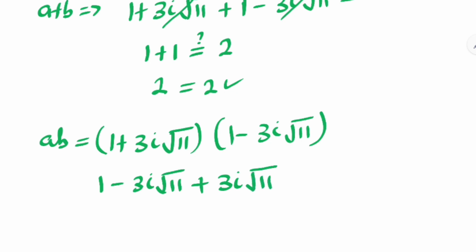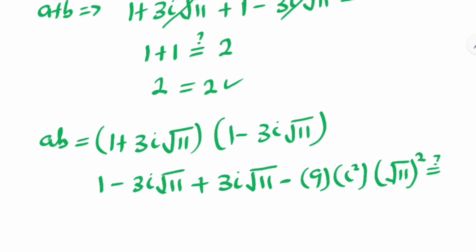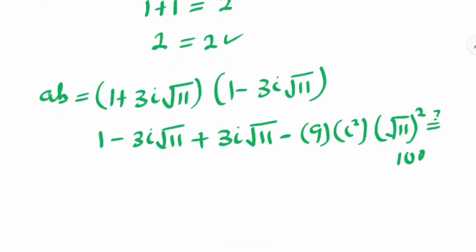Then 3i root 11 multiplied by minus 3i root 11, this is minus 9 multiplied by i squared multiplied by root 11 squared, must be equal to 100.